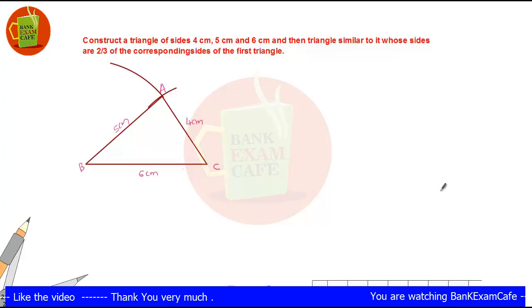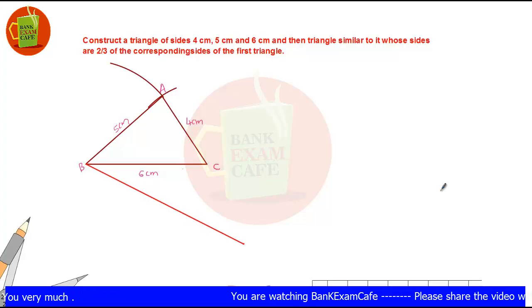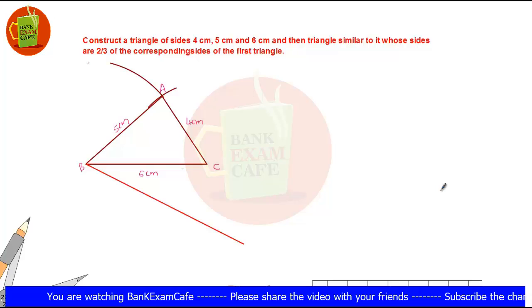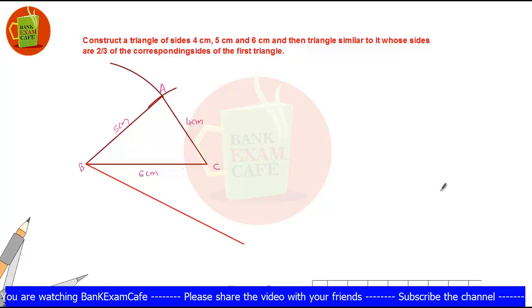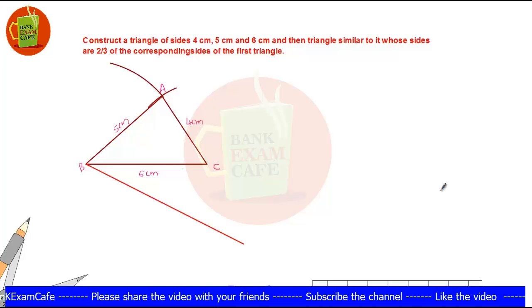Now from B, draw a ray BX making an acute angle with side BC. Now here this is 2:3, so 3 is the bigger number.